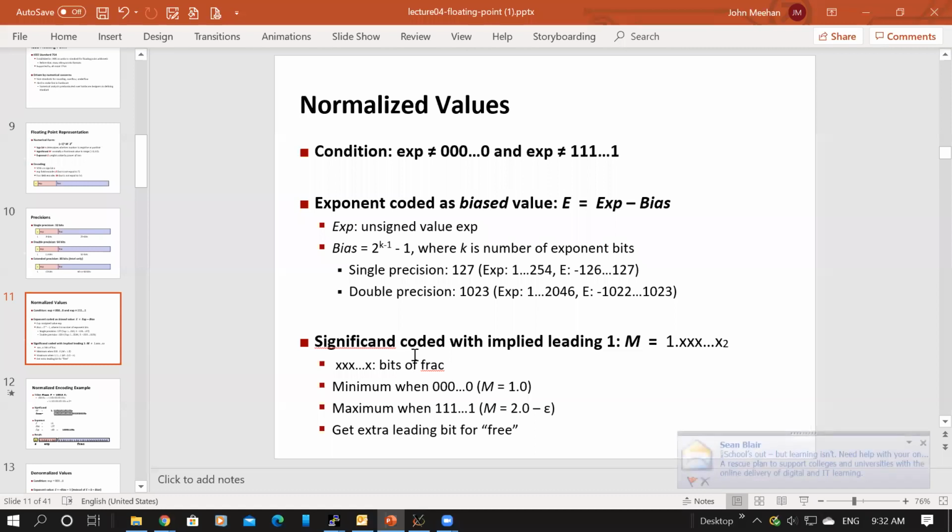Well, since that thing to the left of the binary point is always a 1, unlike in decimal where it can be one of 9 different values, it can only be one value. So then why store it? So when we go to store the significand, we've got the thing in a form of 1 dot bunch of bits to the right times 2 to some exponent.